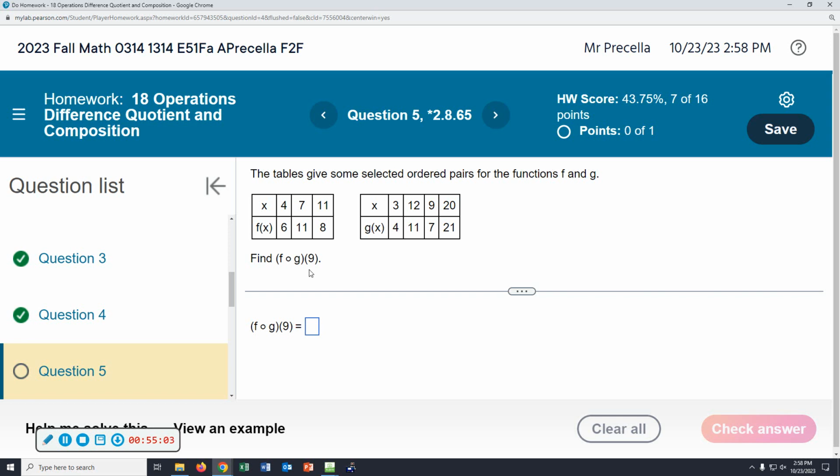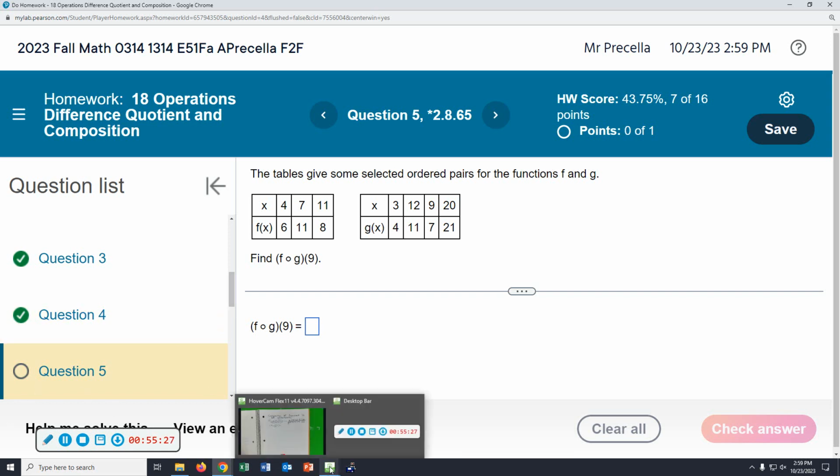That is big money. So, right up F of G of 9. Okay, they want us to find F composed with G of 9. What letter's my outside function? F or G? Which one am I about to write first? The one you write first is what you use second, in case you haven't figured that out.